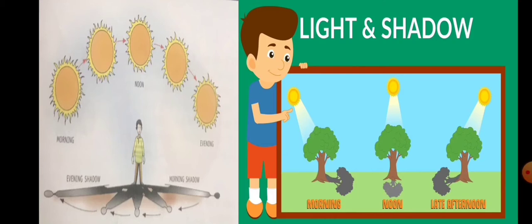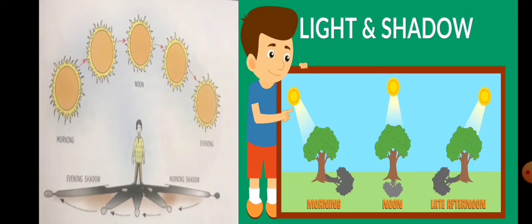You can see in the second picture, in the morning, this tree's shadow forms on the ground on the right side and the sun is present on the left side. So always the shadow forms on the opposite side of the sun. In the evening, you can see this tree's shadow forms on the left side and the sun is present on the right side.